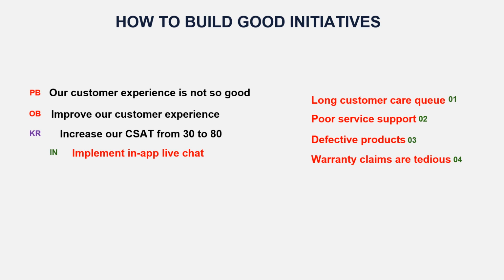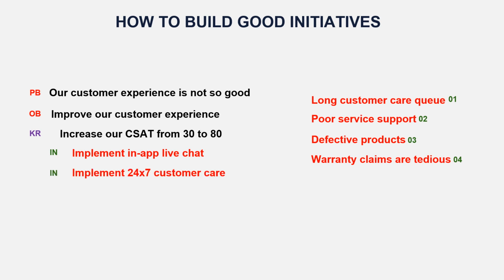When they deploy the in-application live chat, this can significantly reduce the number of customers not able to reach the customer care executives, or the number of people that can be served by an organization in a day will go up significantly. So that is how they identified this as one of the initiatives, which is exactly correlating to solve the cause of the problem, which is the long customer care queue.